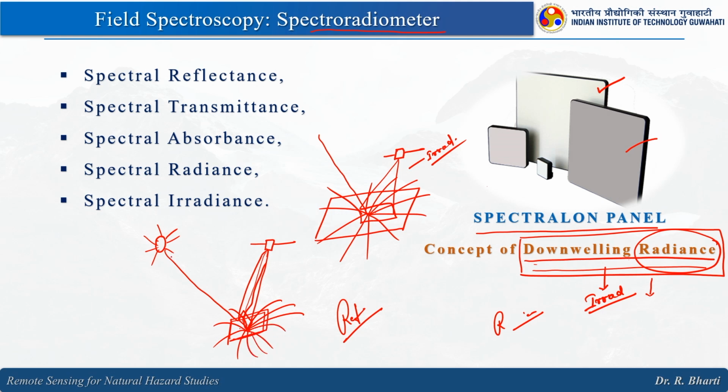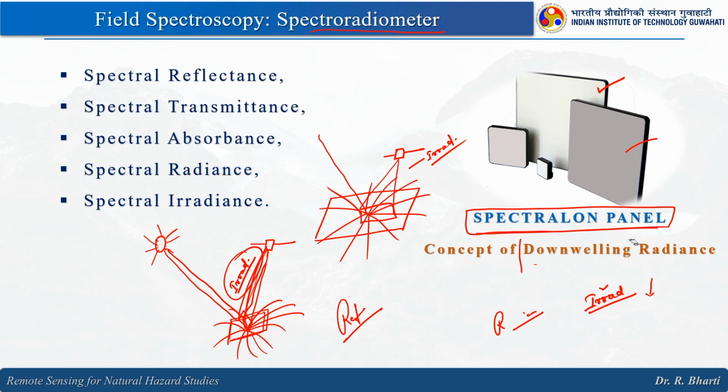So, this will give you the incoming radiation, and this is called irradiance. But when we use a spectralon panel to measure the irradiance, we call it downwelling radiance. Please remember this is very important.